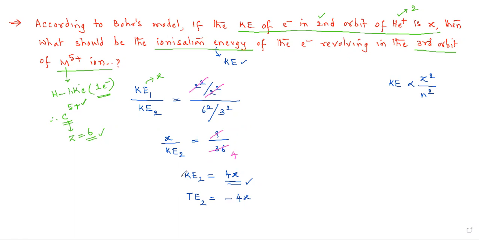And from total energy, we can go for ionization energy. We know that ionization energy and total energy have the same magnitude, but again with a change of sign. So the final answer, the ionization energy in the second case, is given as 4x.